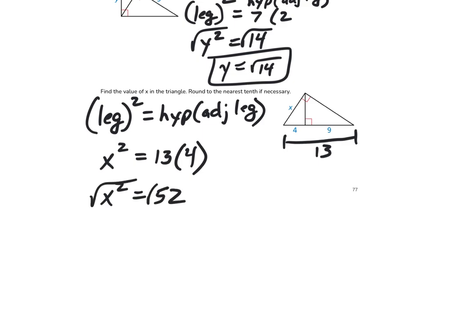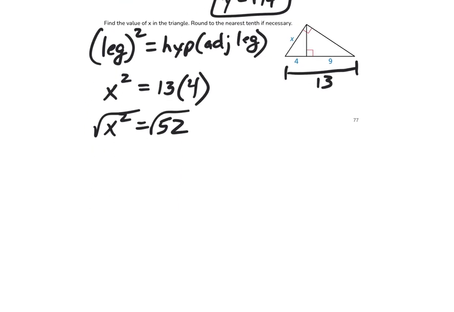And then we take the square root. 52 is not a perfect square. So we need something that goes into 52. If it's even, what goes into every even number? 2, okay? So I could break it down, first of all, just take 52 divided by 2.